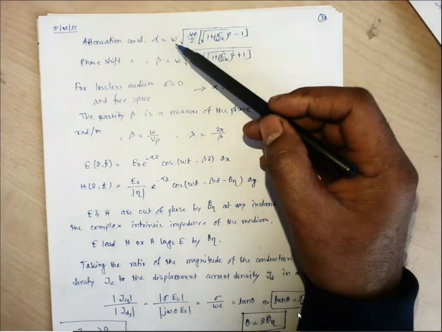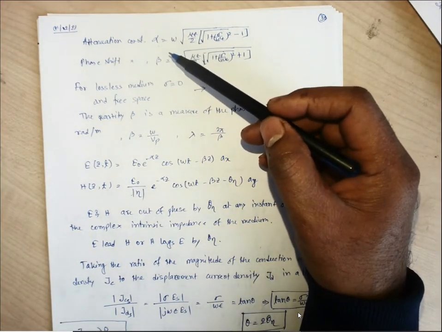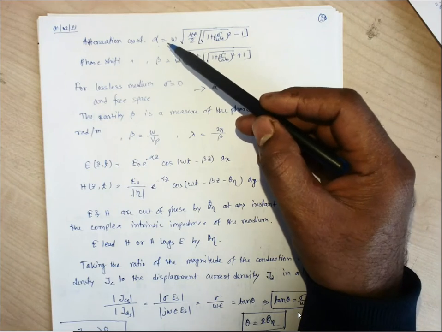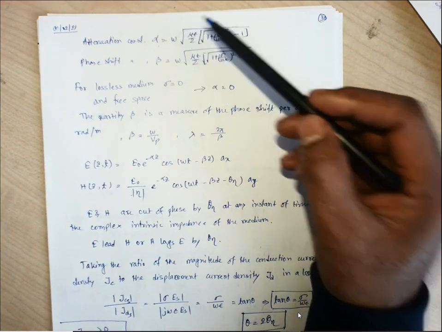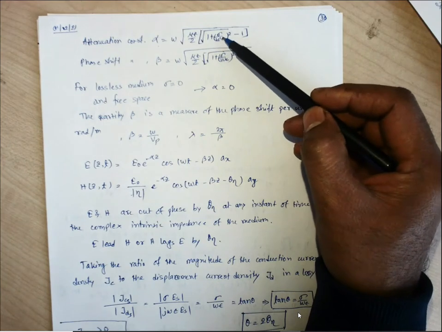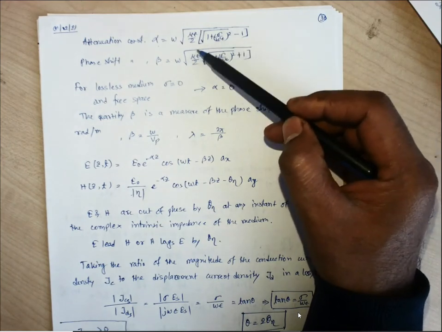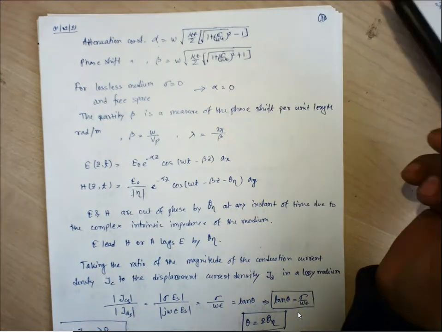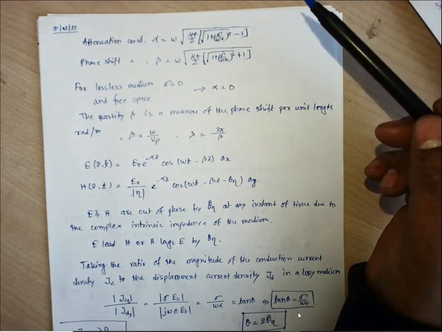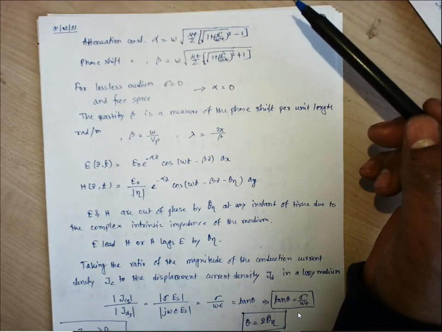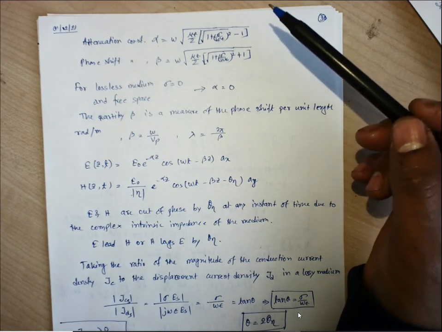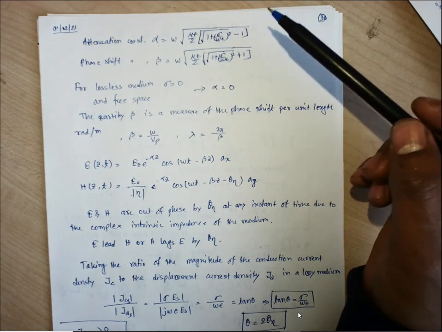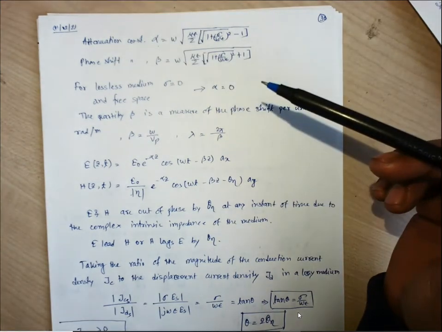If omega has a different value, the attenuation constant and phase shift constant will vary. So it depends not only upon epsilon, sigma or mu, it also depends upon omega. Omega is the frequency component related to the signal propagating in the medium. Depending upon that frequency component, the attenuation constant and phase shift constant will change.